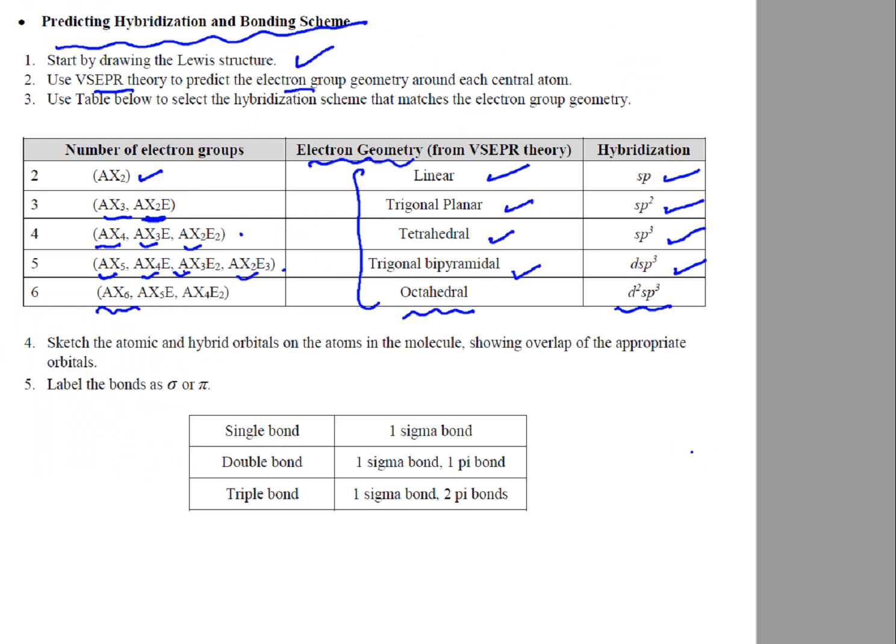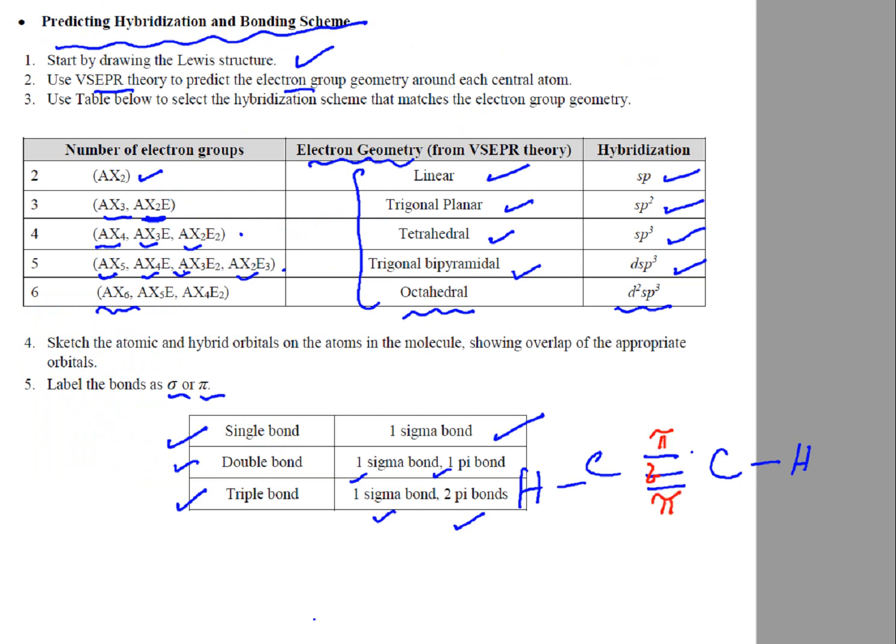Remember that if we have sigma and pi bond, if we just have one single bond, it should be sigma. If you have a double bond, 1 sigma and 1 pi, and if you have triple, it will be 1 sigma and 2 pi. So like in ethyne molecule, if you will be asked how many sigma and how many pi, very simply, there are 3 bonds, so one of them is sigma and 2 pi.